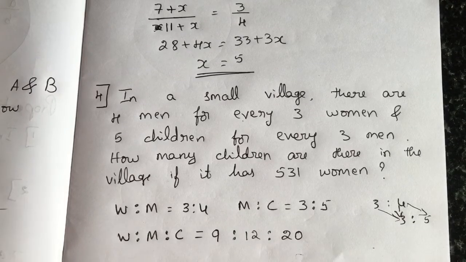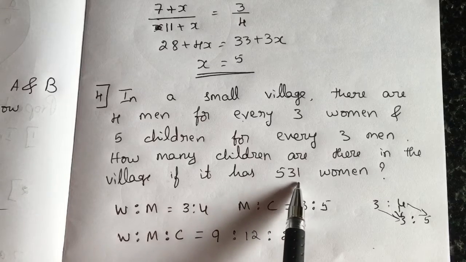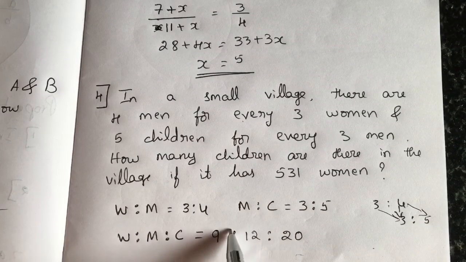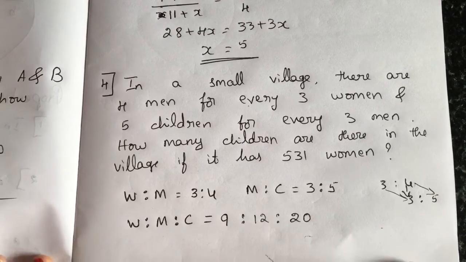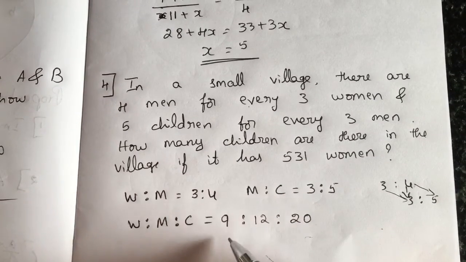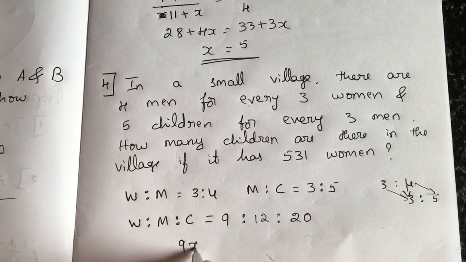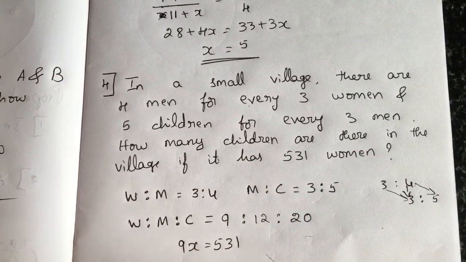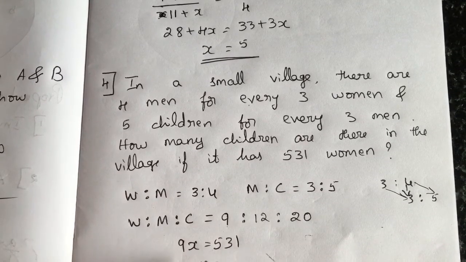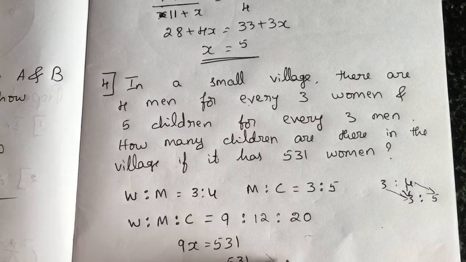Now what is asked is how many children are there in the village if it has 531 women. The women ratio is now 9, and the multiplier is unknown to us, so 9x is equal to 531. x equals 531 by 9, it's 59.